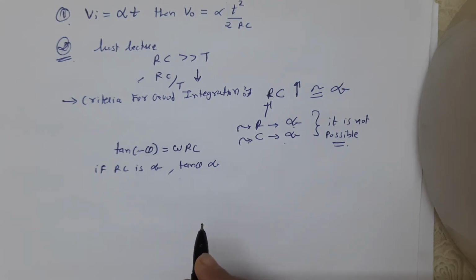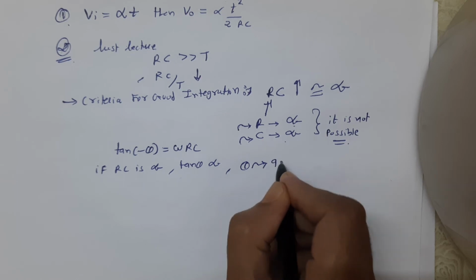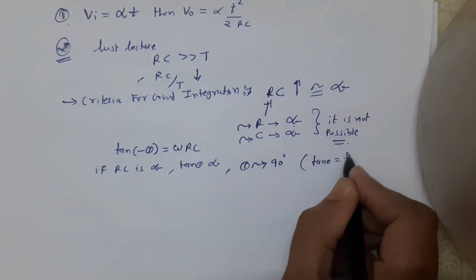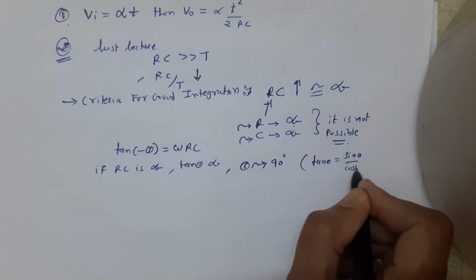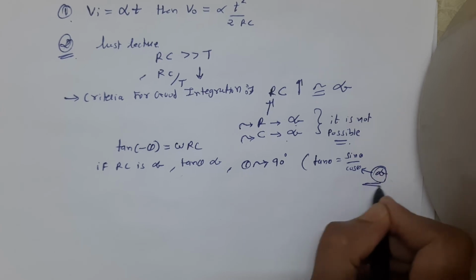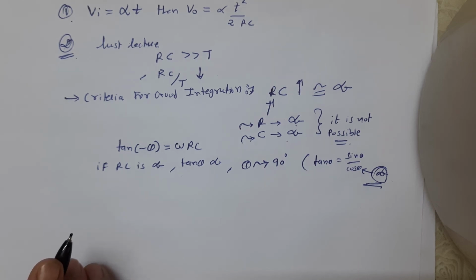In other words, theta should be 90 degrees, because tan theta is equal to sin theta upon cos theta, and if cos theta is equal to cos 90, it makes the infinite value.